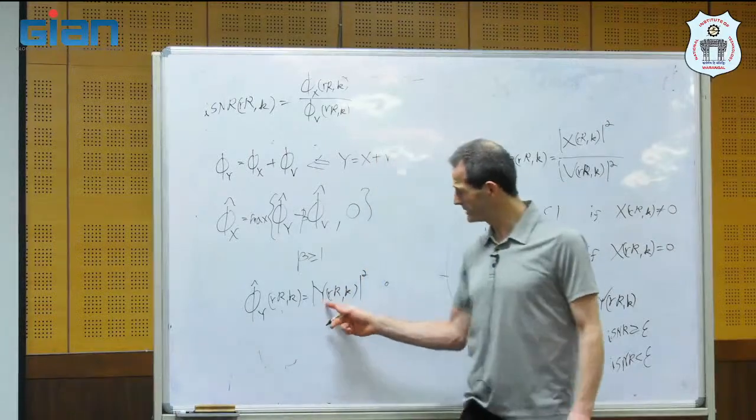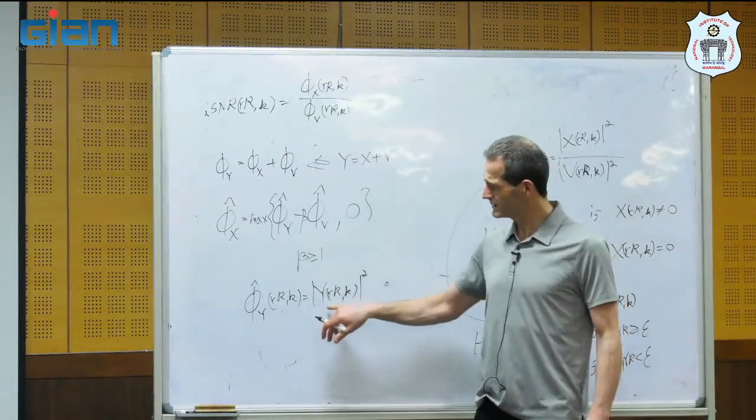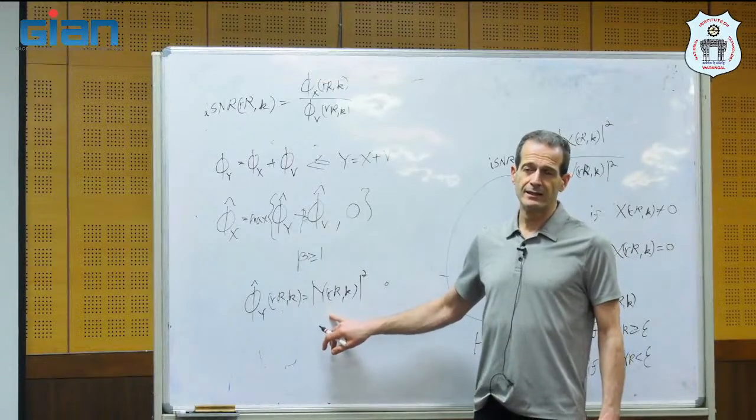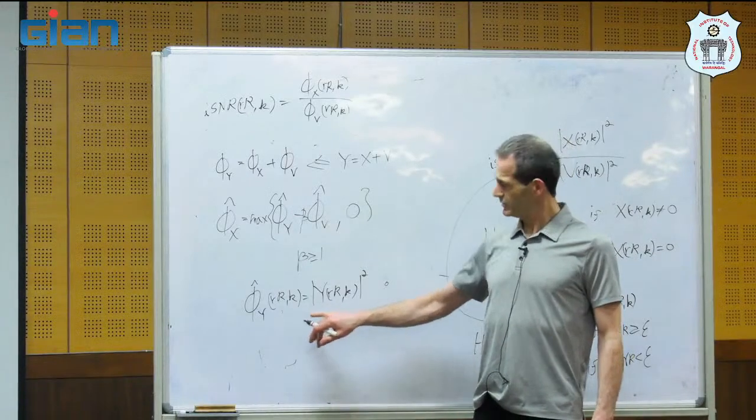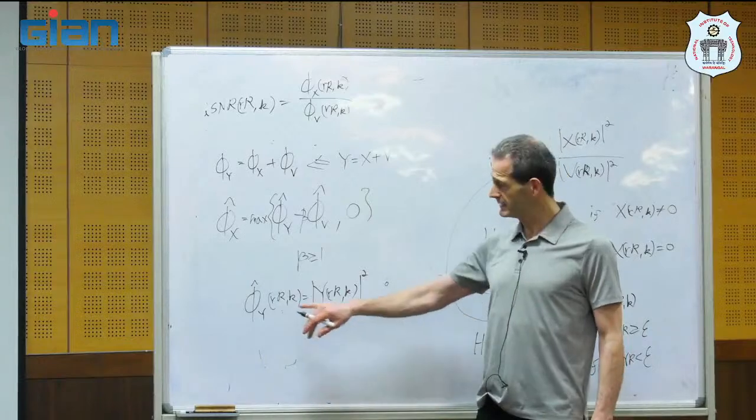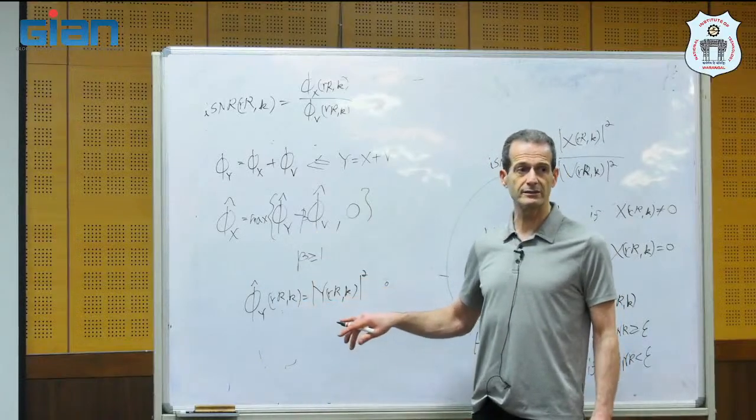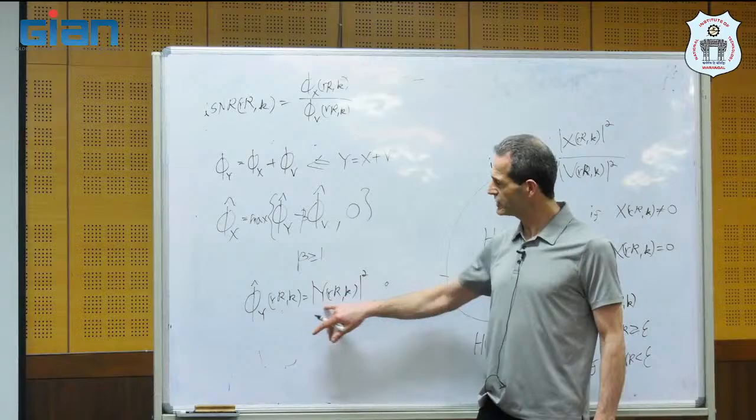I can do that because these are the noisy measurements. So this is one way. But in the code I didn't do this because there are variations because of the noise.